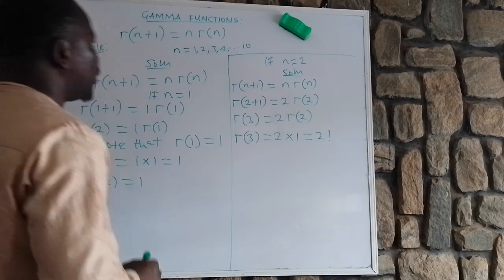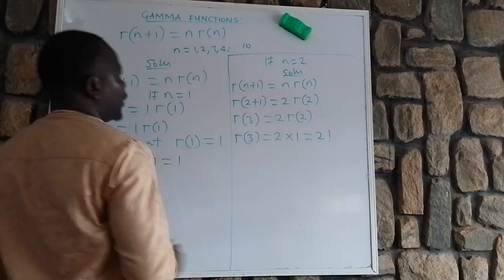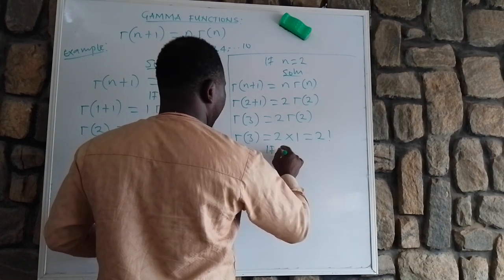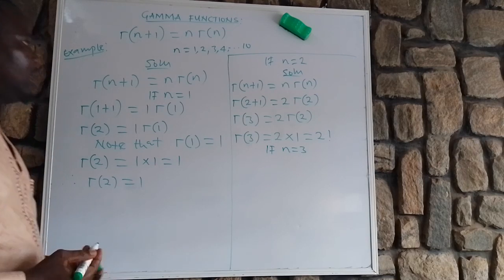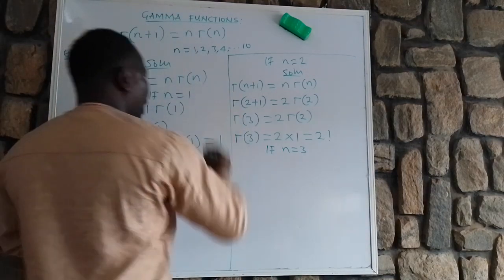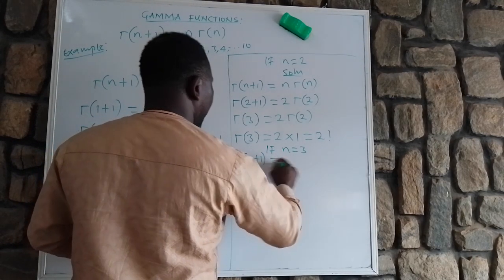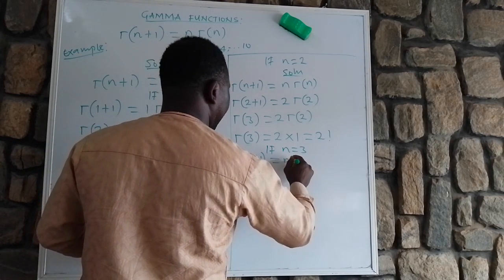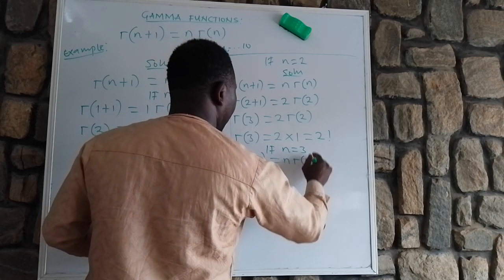Okay? Then, let us increase our n to 3. If n is equal to 3, we go by the formula. Is that clear? Our gamma of n plus 1 is equal to n gamma of what? n.